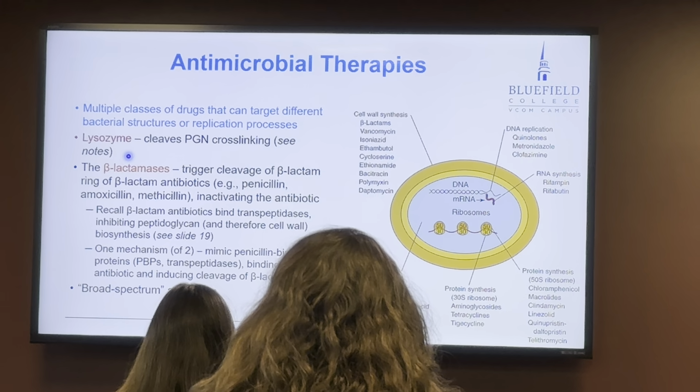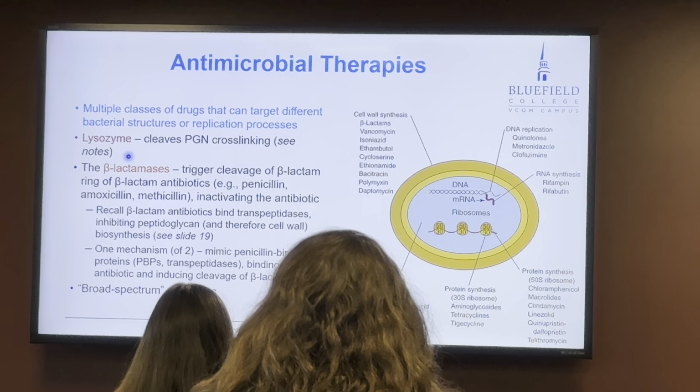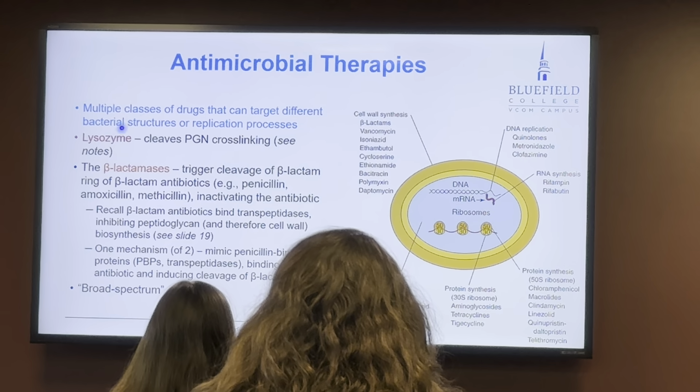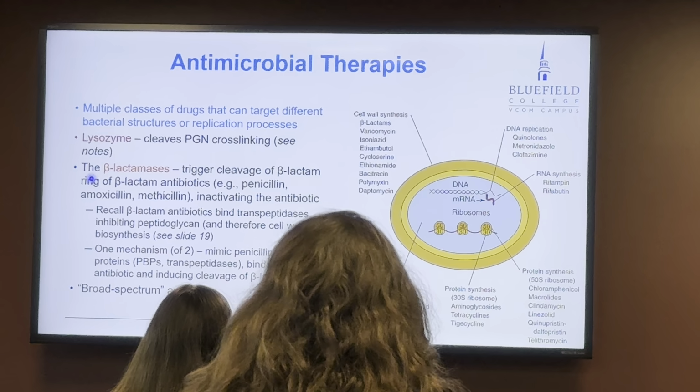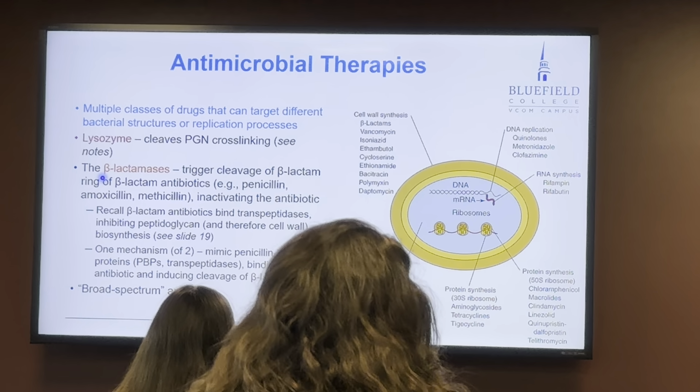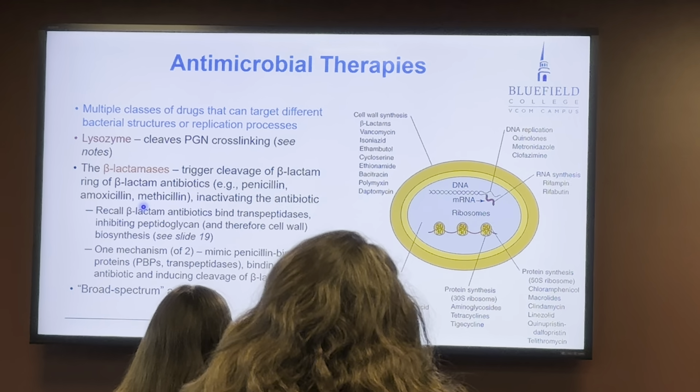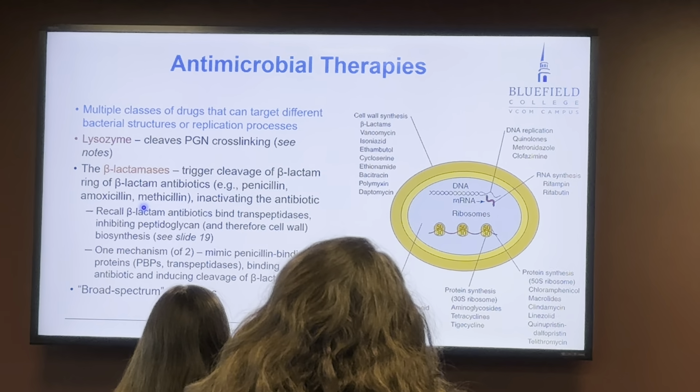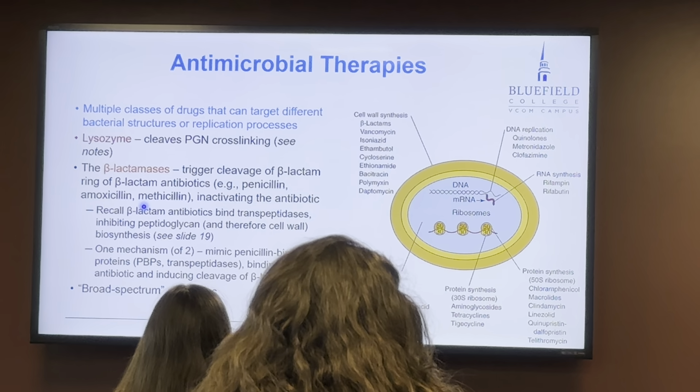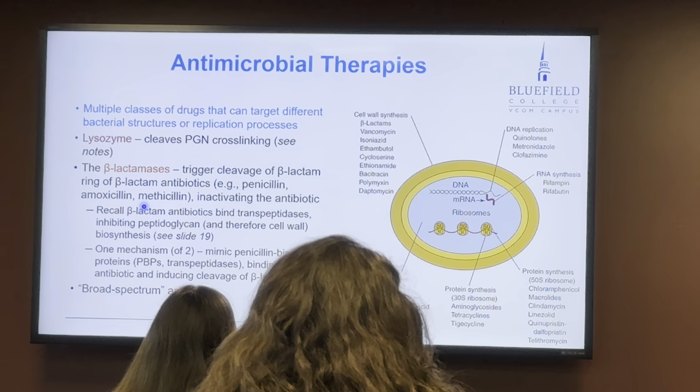Now our beta-lactam antibiotics. Beta-lactams are a big class, so your cephalosporins, all of your -cillins, your penicillin, amoxicillin, etc., all are beta-lactams because one of the key structures in the molecule is a beta-lactam ring, all right? That is a very similar mechanism of action. The penicillins and all those are not going to cleave that bridge, but they're going to inhibit that transpeptidase.